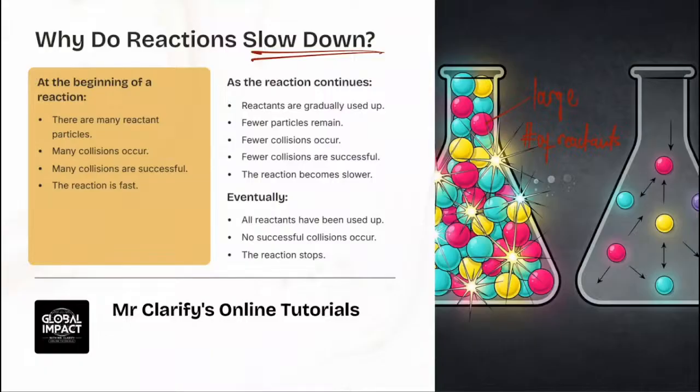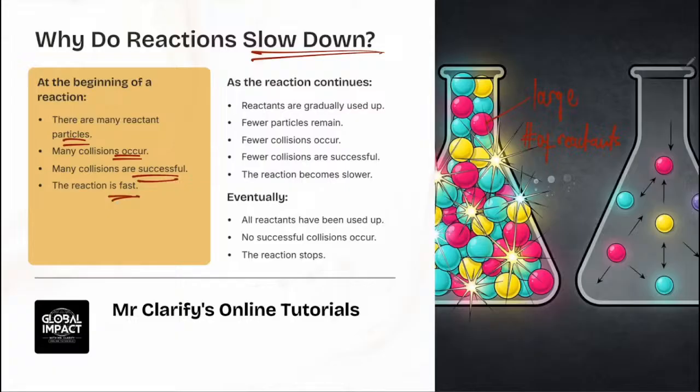There are many particles. So you have a lot of collisions, a lot of successful collisions, and the reaction will be fast. This is when a reaction begins. You have a lot of particles. You should be able to explain this. There are many particles, which means there are many collisions and many successful collisions, which means the reaction is fast.